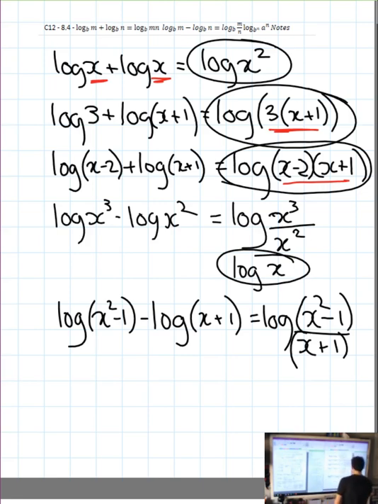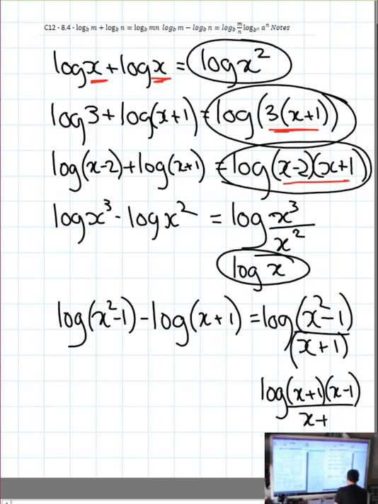Now, x squared minus 1 is a difference of squares, so I can simplify that to be log of (x plus 1)(x minus 1) over (x plus 1). The x plus 1's cancel from the top and the bottom, and I'm left with a single logarithm of x minus 1.